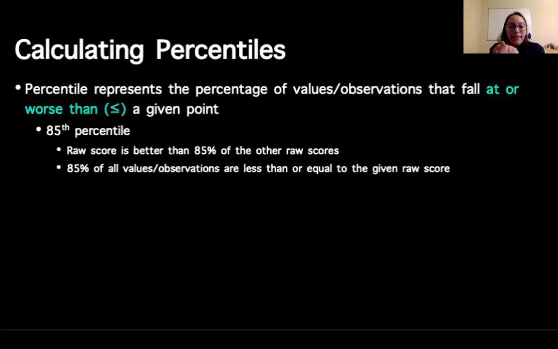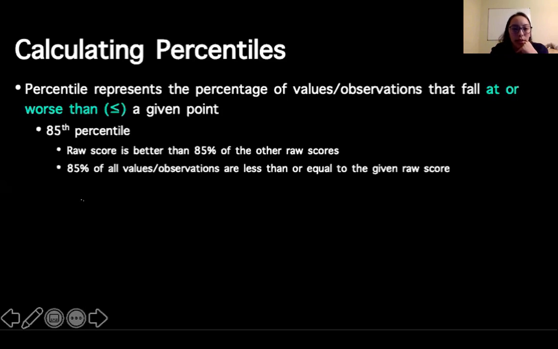But if we use the 85th percentile, so if I give you wording that says someone's at the 85th percentile, with "at" being our keyword here, you would say that their raw score is equal to or better than the other raw scores within the distribution.